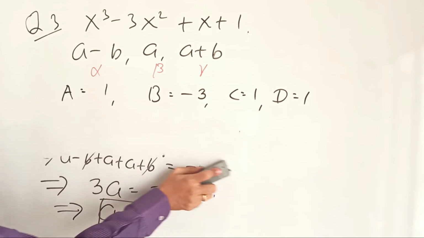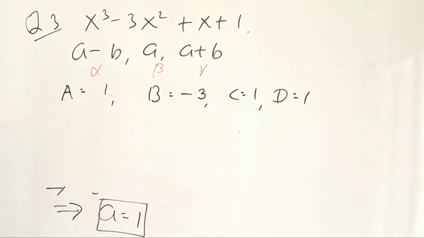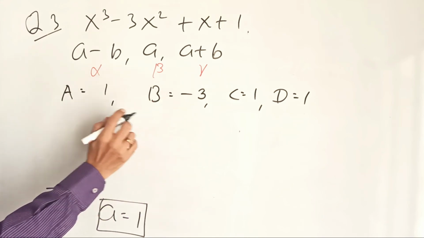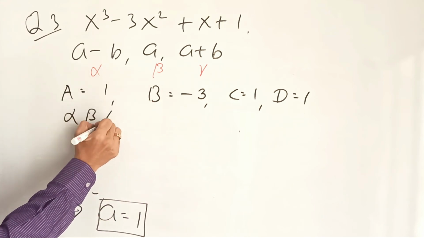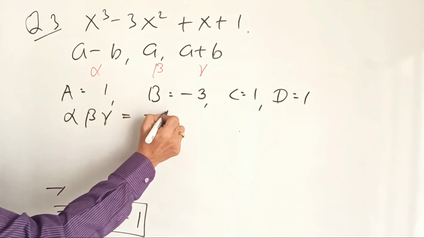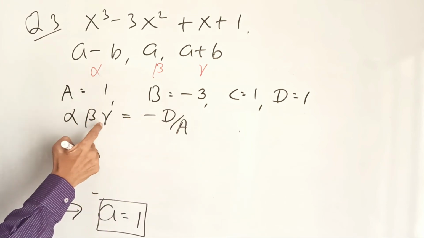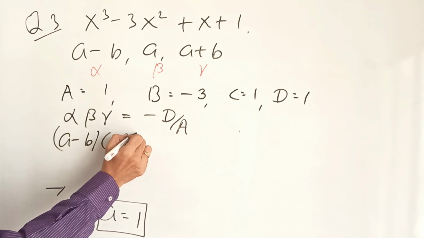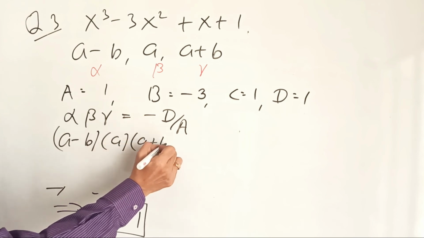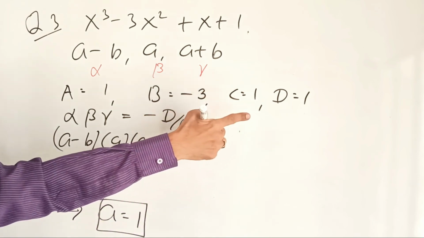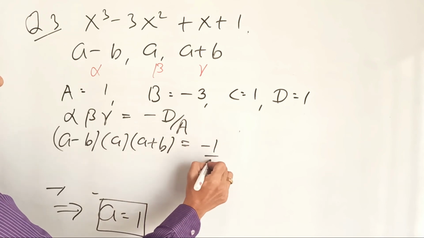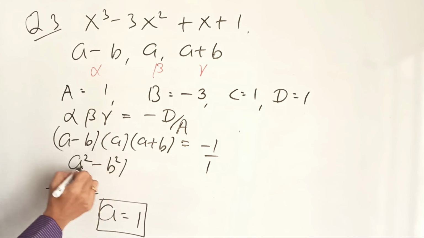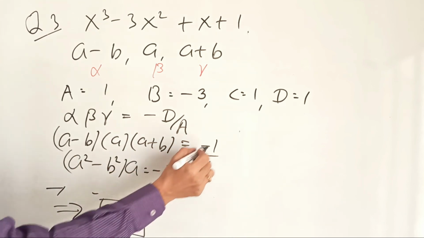Now let us see the last relationship, alpha beta gamma. That is very useful in application based questions. Alpha beta gamma is equal to minus d upon a. So a minus b into a into a plus b is equal to minus 1 upon 1. So this will be a square minus b square into a is equal to minus 1.